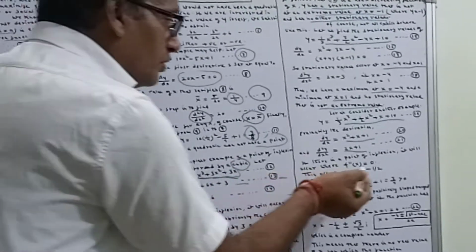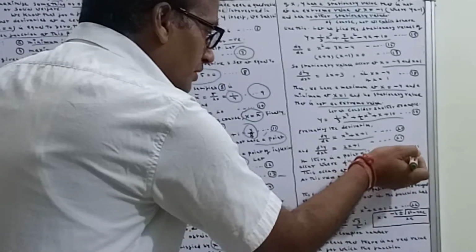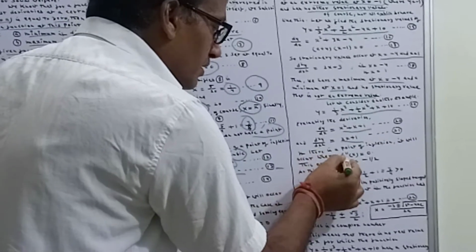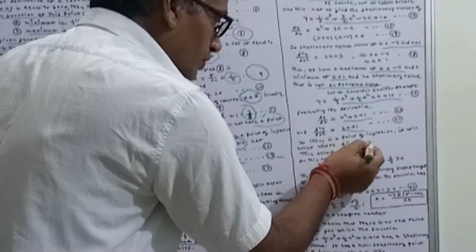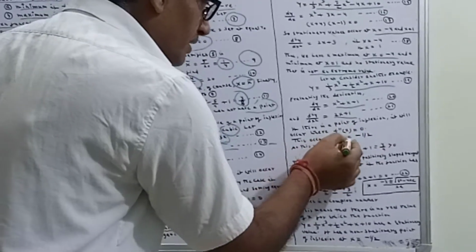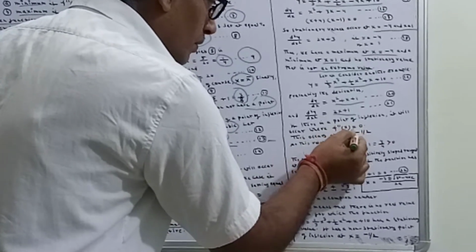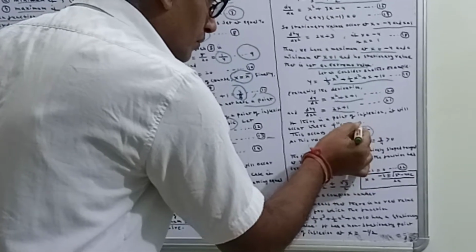If there is a point of inflection, it will occur where the second derivative is equal to 0. So this occurs at x equal to minus 1 by 2.